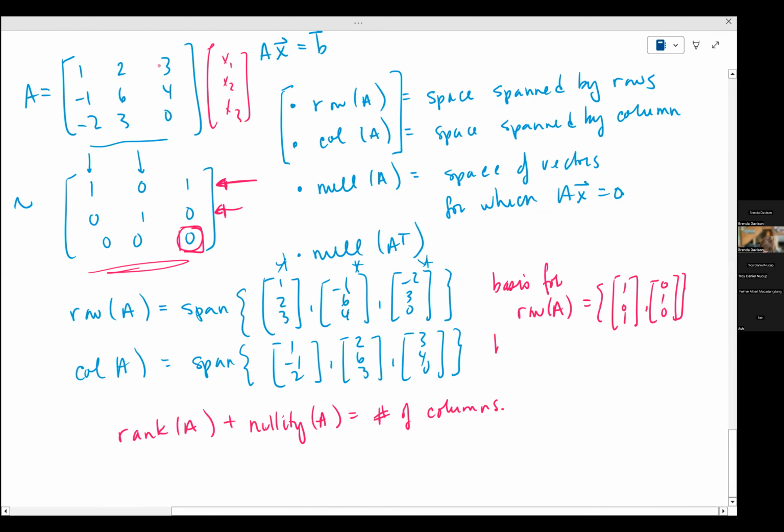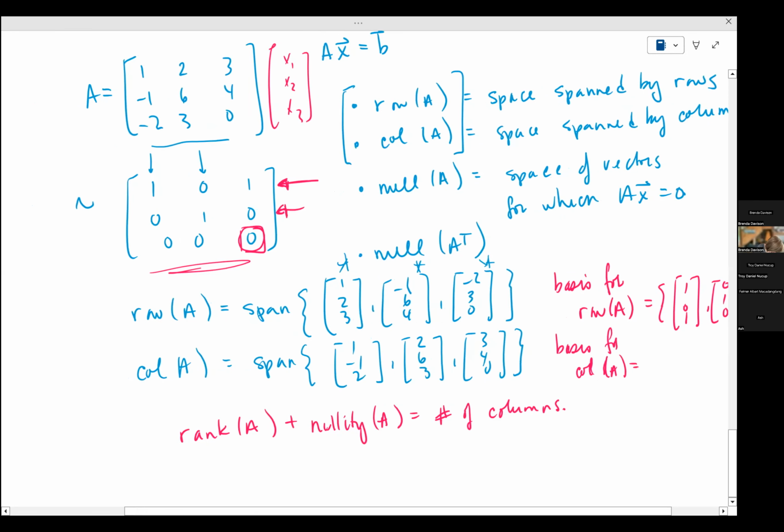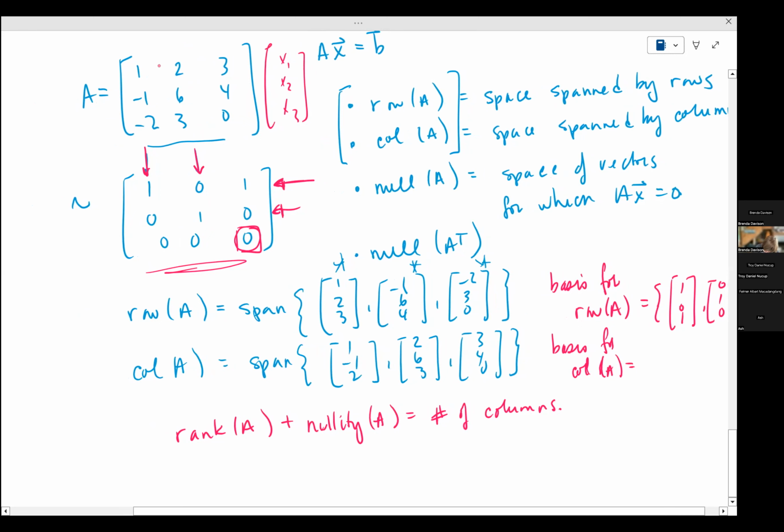And if I want to know what is the basis for the column space of A, I'm looking at this and I'm like, okay, these are the two linearly independent columns. And then I use these numbers here. I do not use the two columns from the row reduced echelon form. I use the two columns from the original matrix.